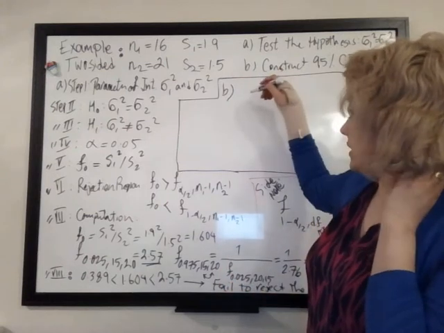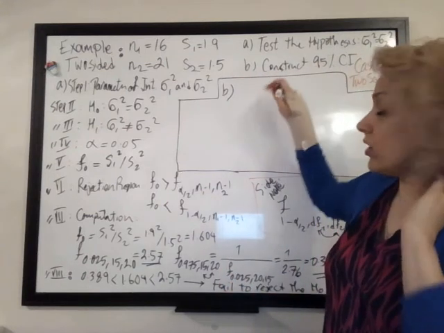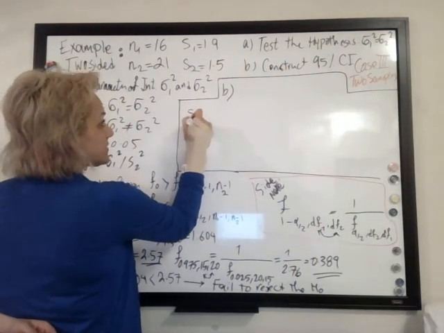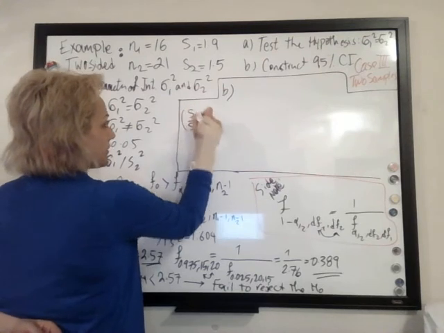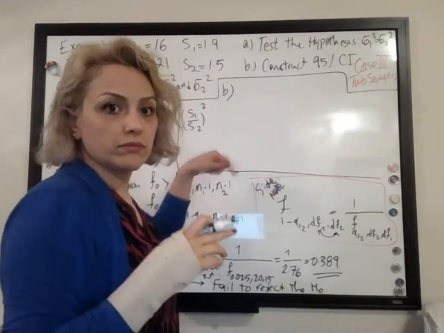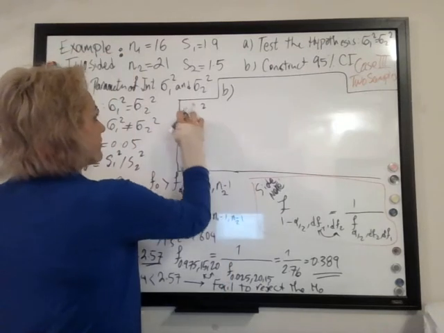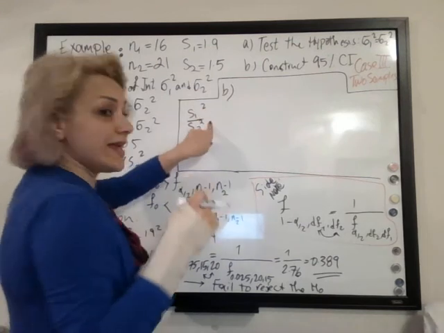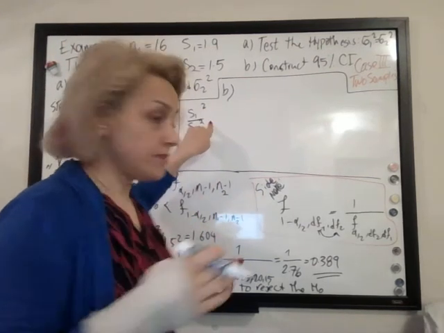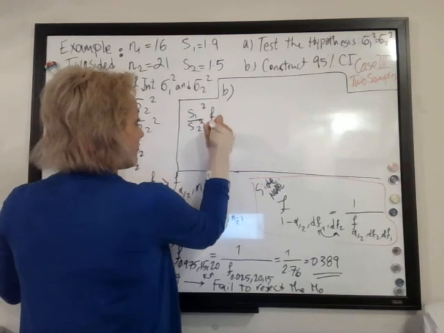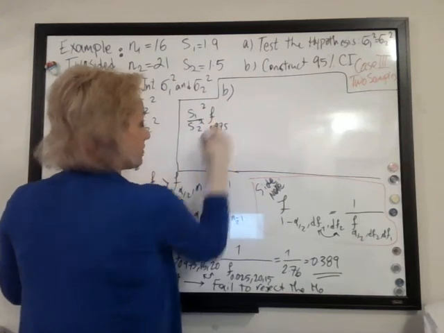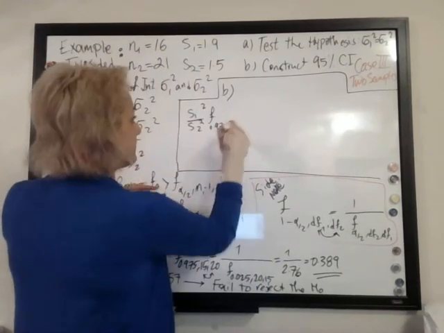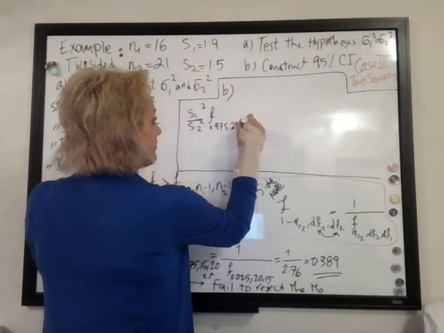So when we are looking for the 95% confidence interval, what we are going to do is write down S1 squared over S2 squared. You can write it down separately, the same as we had before. We said before we had S1 power 2, S2 power 2, and then this one times F at 0.975 with 20 and 15.